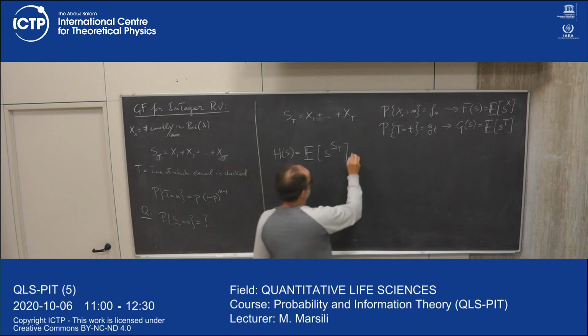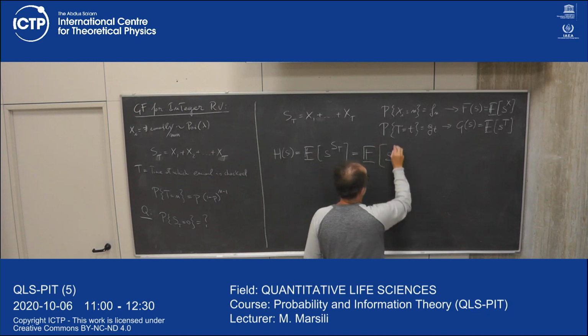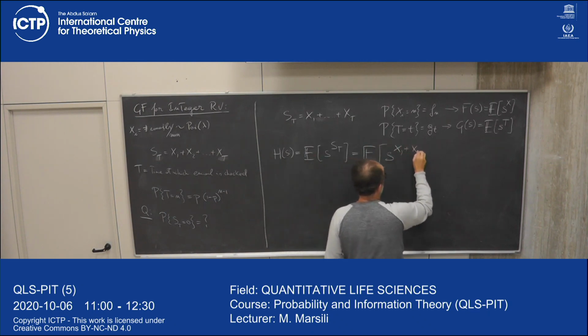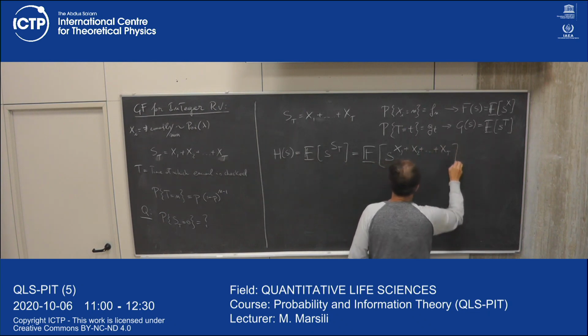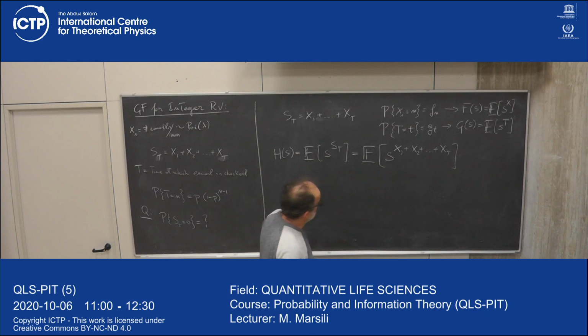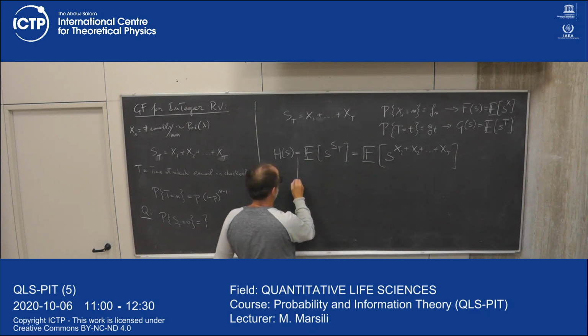So I can write it by expanding this. This is x1 plus x2 plus ... plus xt. And now you see that I can split this expected value in two parts.